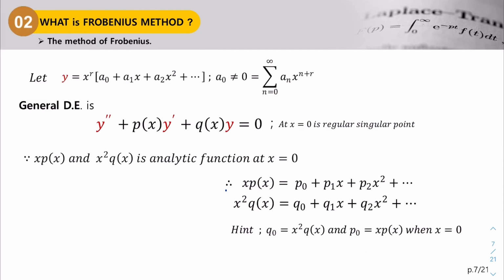Okay, let x0 equals 0, we get y equals x^r (a0 + a1 x + a2 x^2 + ...). We require a0 not equal to 0. We get the power series.